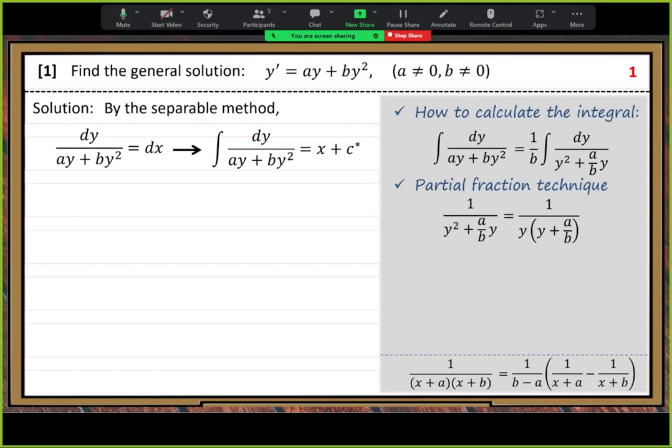So the numerator becomes b minus a, but you want to make the numerator 1. So you divide b minus a here as the constant part in front of the parenthesis to make it a 1, okay? Or to make it both sides balanced, all right? So you do that, all right?